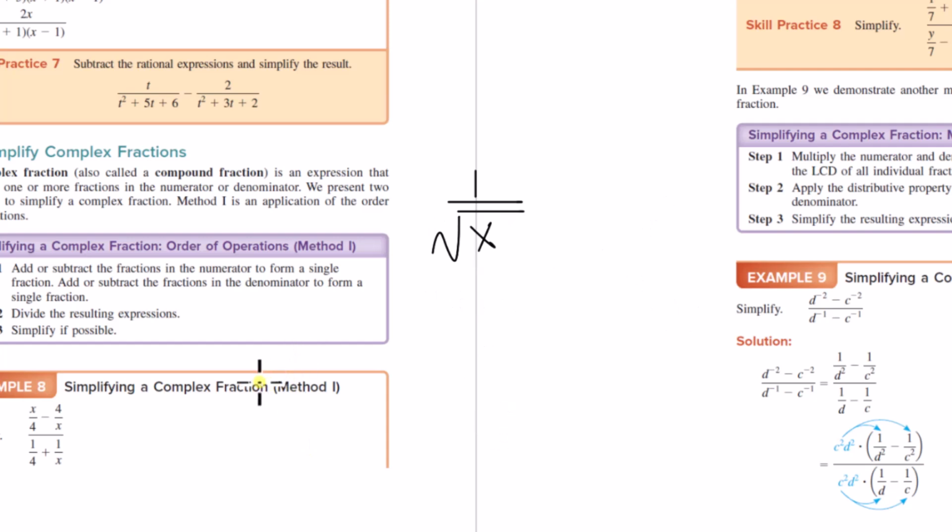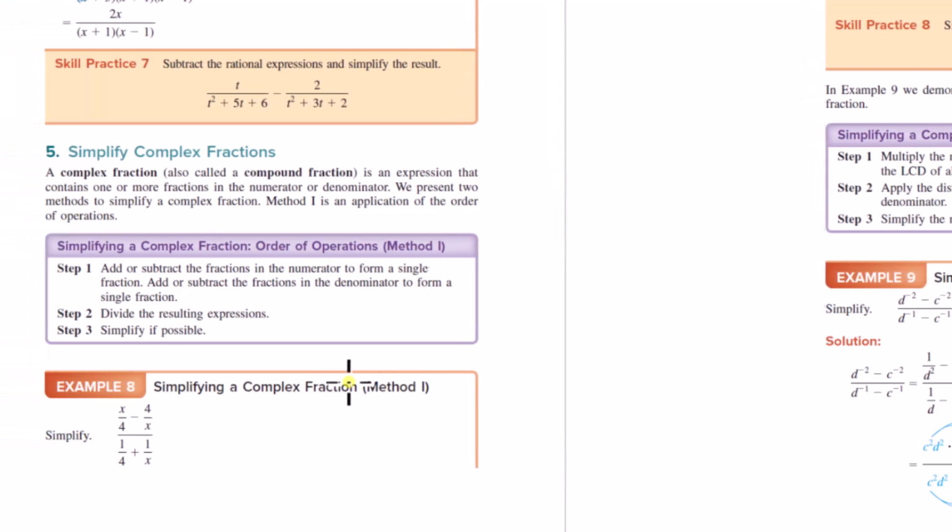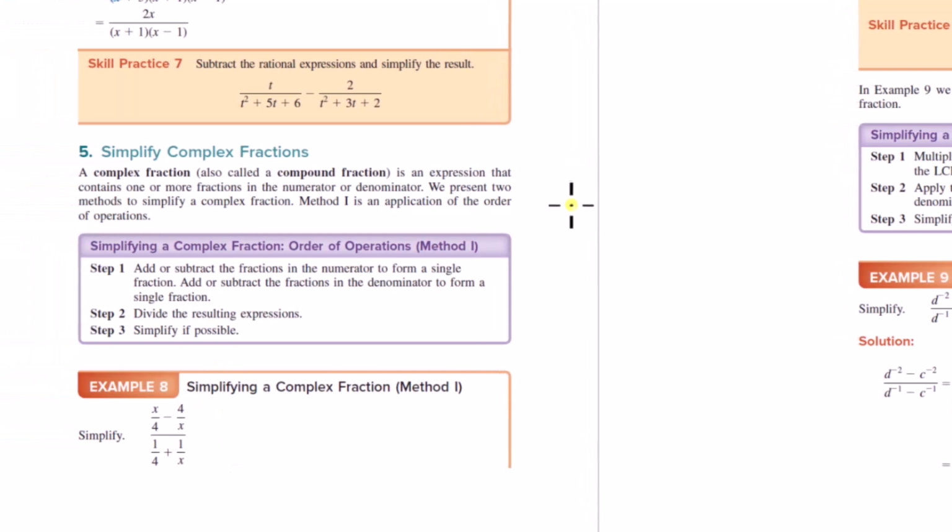Now, if we take a look here at this first example that they give, x over 4 minus 4 over x, what we're trying to do in this section is just learn how to simplify complex fractions. That's it.